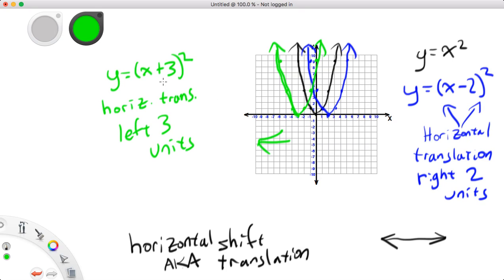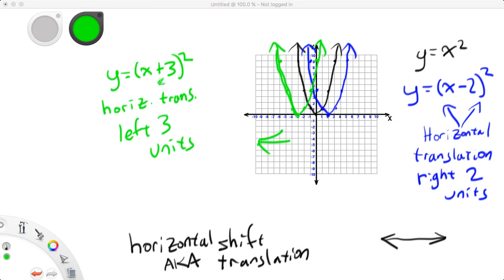Okay? And let's go ahead and grab our green and show that if I had y equals x plus 3 in parentheses squared, this would be a horizontal translation, and it would be left 3 units.